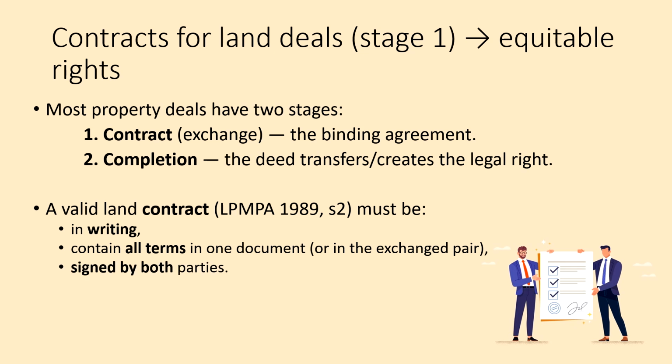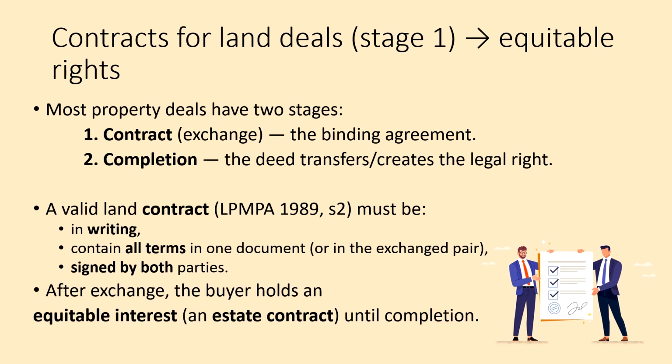So if that happens, you might still have an equitable interest in the land as long as the first contract was valid and you have completed all the key elements of that initial contract, like being in writing, having signatures, having consideration, those kind of things.